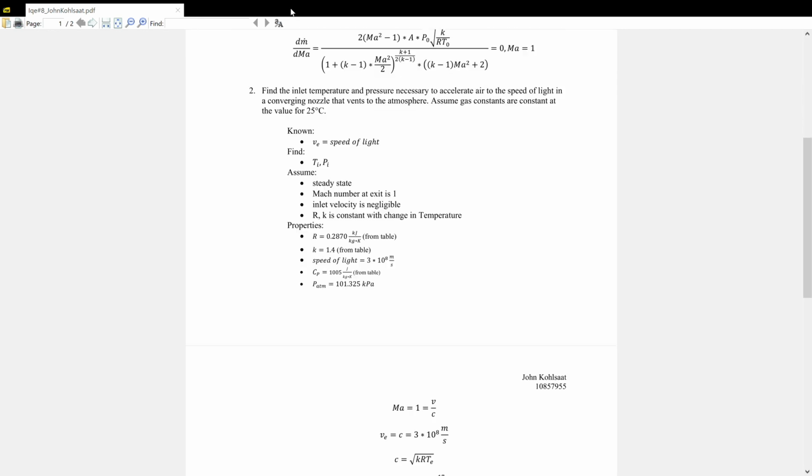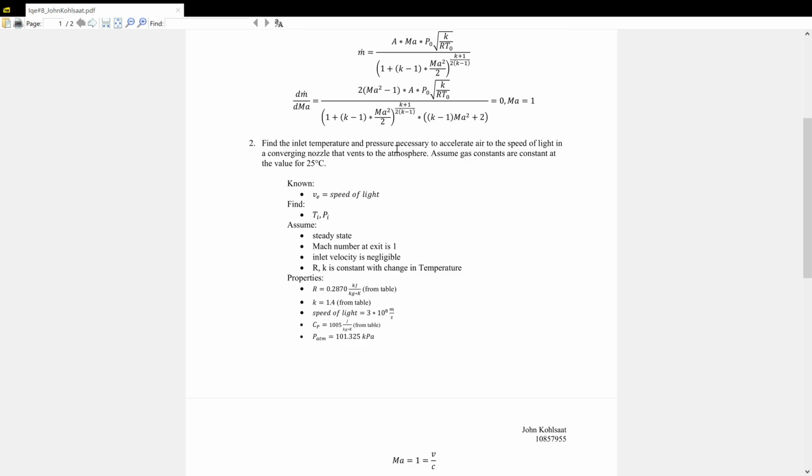Now for question 2, find the inlet temperature and pressure necessary to accelerate air to the speed of light in a converging nozzle that vents to the atmosphere. Assume gas constants are constant at the value for 25 degrees Celsius. And this assumption is essentially necessary because the gas constants are not actually constant with temperature.